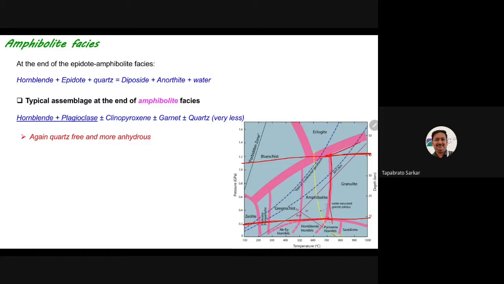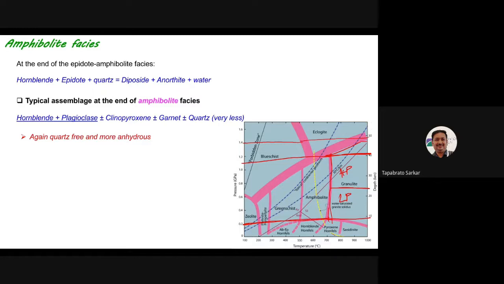Now, if I divide this into low pressure condition and high pressure condition: granulite facies is defined by above 700 degrees centigrade. There is no mention of the pressure. The pressure has quite a lot of variability, till around, let's say, 1.4 GPa, which is around 14 kilobar. You can still be in the granulite facies.